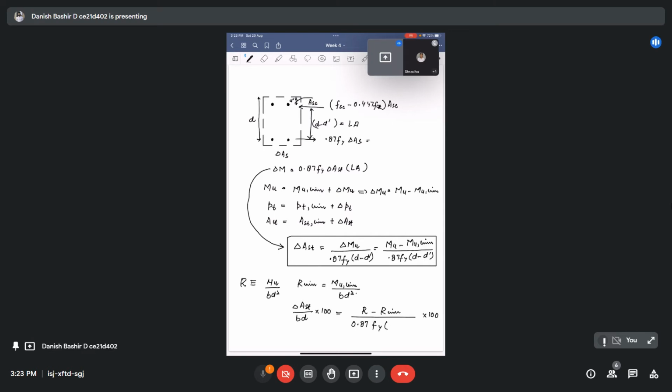I have to take D common from this, 1 minus D dash by D. Now this becomes delta PT, and if I put this 100 on this side, delta PT by 100 becomes R minus R limiting divided by 0.87 Fy into 1 minus D dash by D.